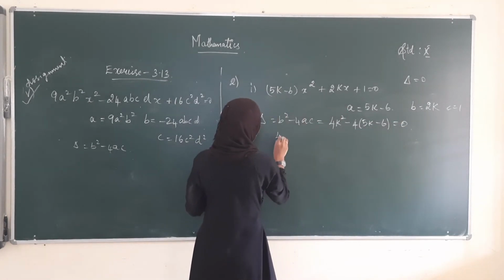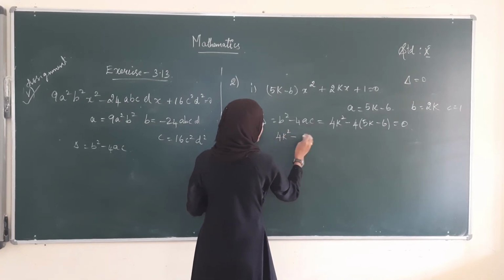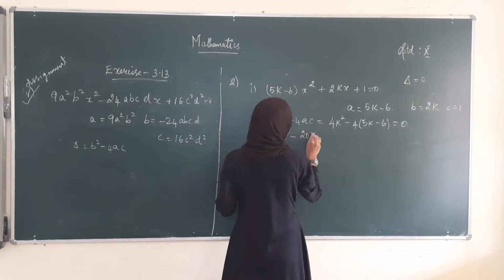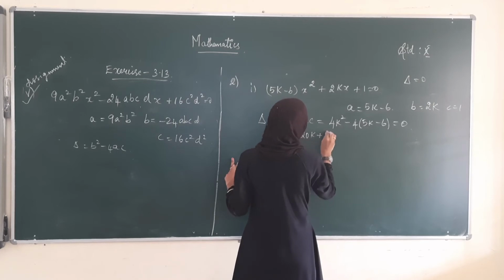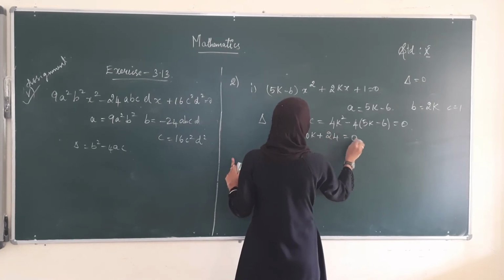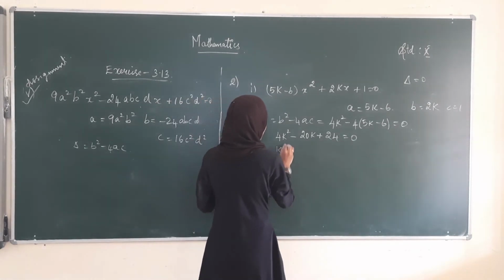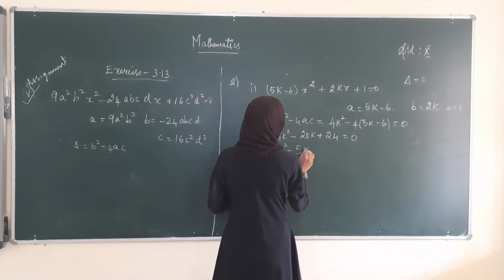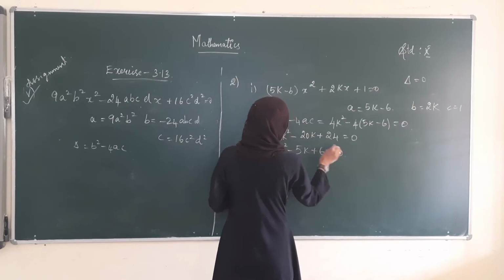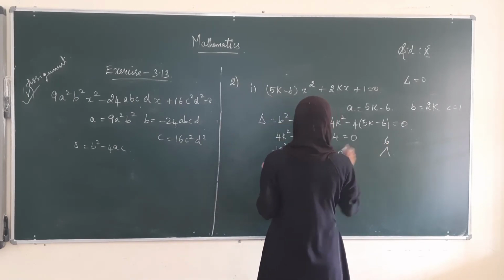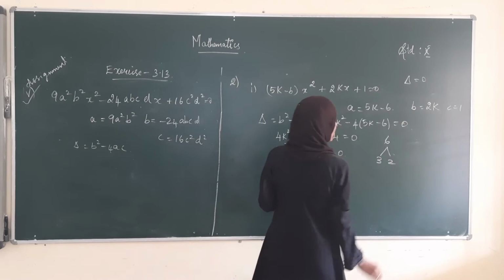Okay, that is 4k square minus 5 4s are 20 into k, minus into minus plus 6 4s are 24, equal to 0. Now divide the whole equation by 4. We get k square minus 5k plus 6 is equal to 0. Now we have to split 6. Okay, see here 3 2 is 6.